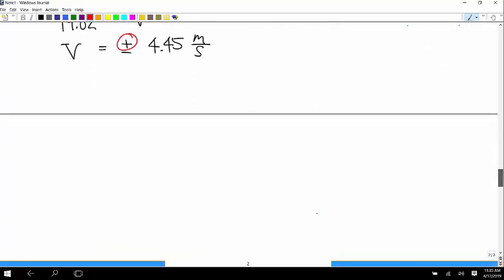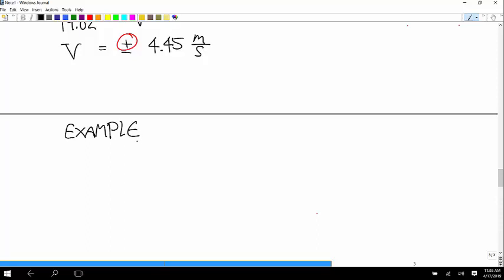Now let's do a similar problem. Let's say we have a 20-degree incline.